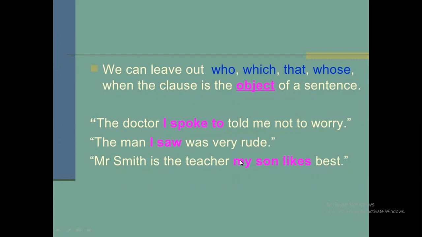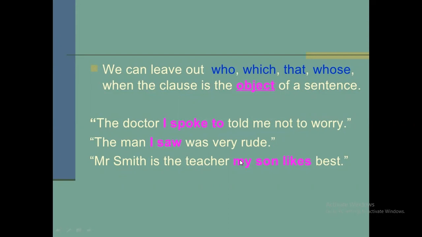Which my son likes the best. Yes, maybe. Which, not who. لأنه Mr. Smith is the teacher which my son likes best ممكن. Who my son likes best no. ما بتزبط معها. طيب الإكزامبل الثاني يلا يا لميس.